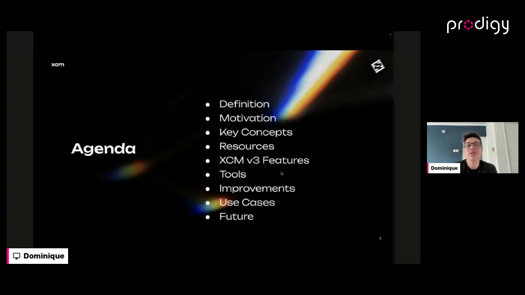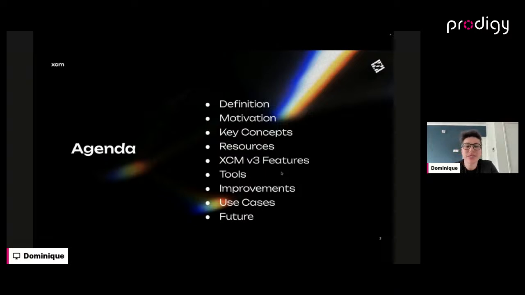So the agenda for today is definition, of course, the motivation, some key concepts without delving a lot in each one. But again, I will share where you can read more about it. Resources, either it's videos, documentation, examples, everything you need. Some key features are in XCM v3, which is in use right now. Tools that you can use.